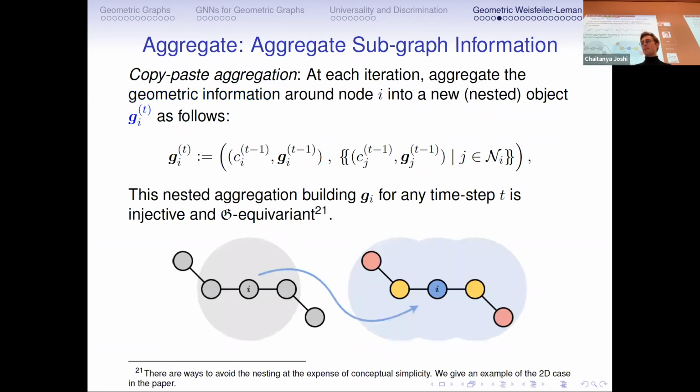As a next step, let's aggregate the information. And this is what I meant with copy paste. It turns out one simple way to actually do this aggregation is to create these nested sets of auxiliary geometric information, which we update by saying, what is my geometric information at iteration t? Well, it's whichever type of node I am, or whichever type of neighborhood I was seeing at iteration t-1.